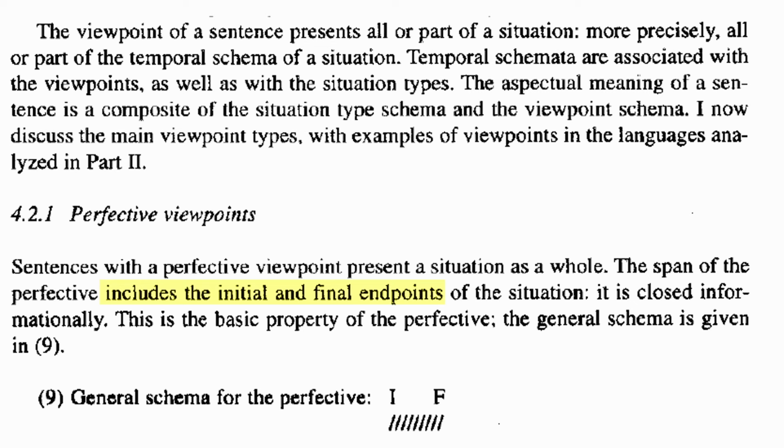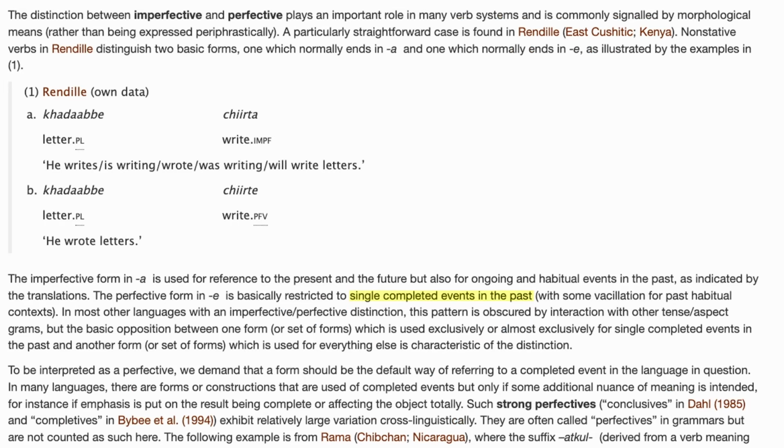We have said that Altshuler calls it a max stage of an eventuality. Carlota Smith says it includes the initial and final endpoint. And Dahl says that it is the normal form to refer to a single completed event in the past. In each case, the essential definition is the same. A temporal boundary must be included.